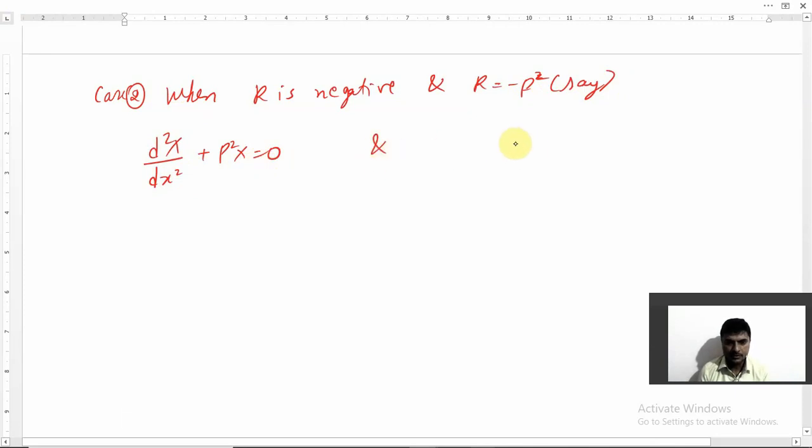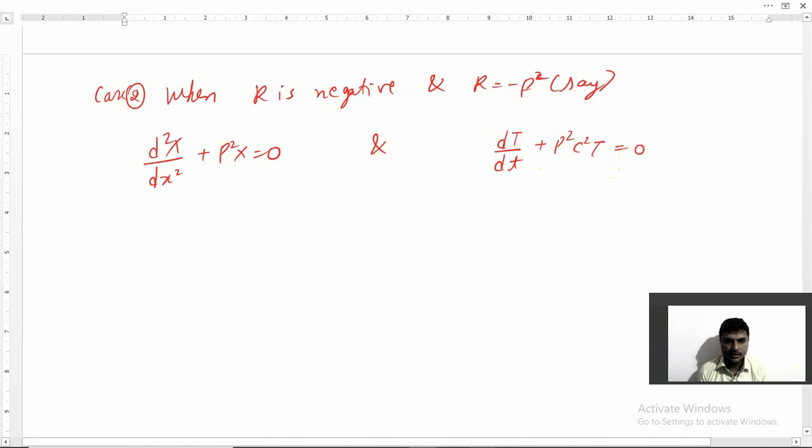And this side, friends, it is dou t upon dt, minus into minus will become plus p square c square t. Please remember the equation, friends. So it is p square c square t is equal to 0.